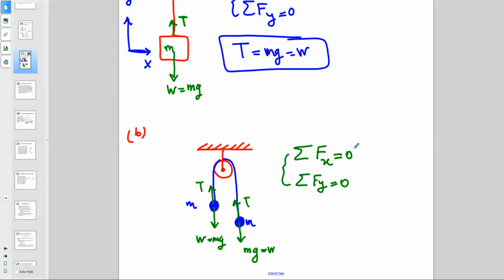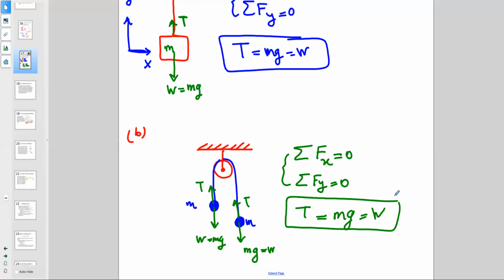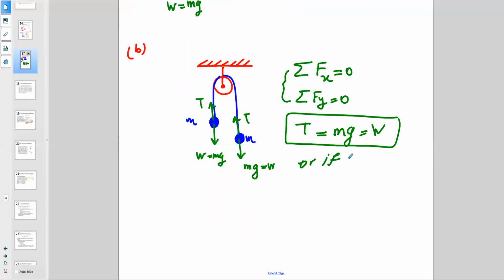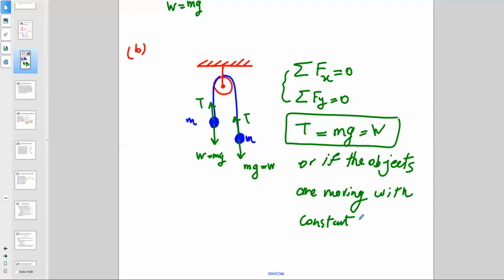So if that's the case, along the y direction, I have tension upward, or along the positive y direction, and I have W or mg down, which in this case, they're all equal because they have to cancel out if we have a velocity of 0, or if the objects are moving with constant velocity.